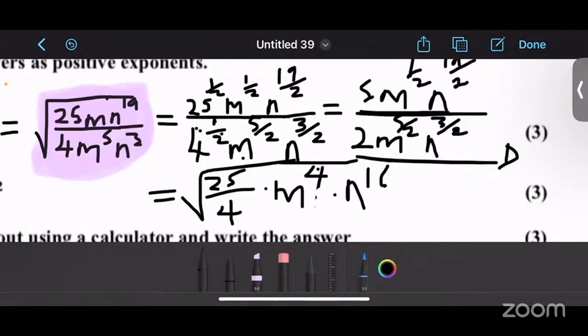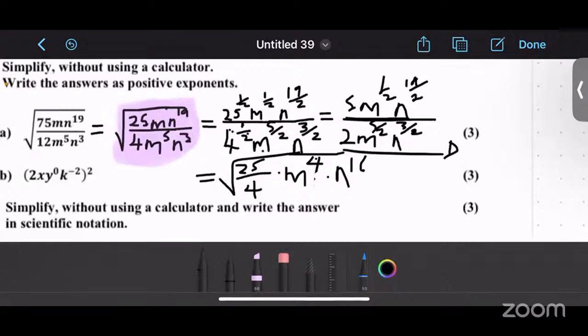And then I got 5 over 2, since the square root of m to the 4 is m squared, and the square root of n to the 16 is n to the 4. So how I wrote it, I said 5n to the 4 over 2m squared, ma'am.